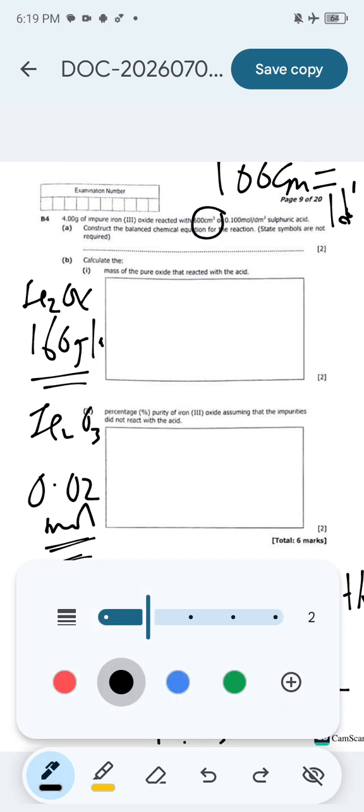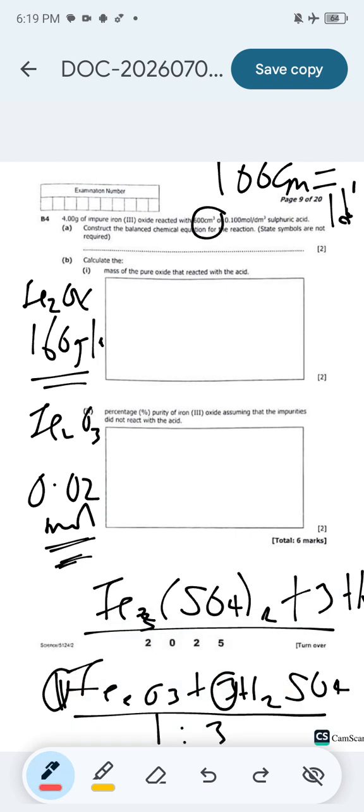How are we going to calculate that? We just use the formula. Mass is equal to moles times molar mass. Okay? Because this formula can be used interchangeably, where you can make moles the subject of the formula.